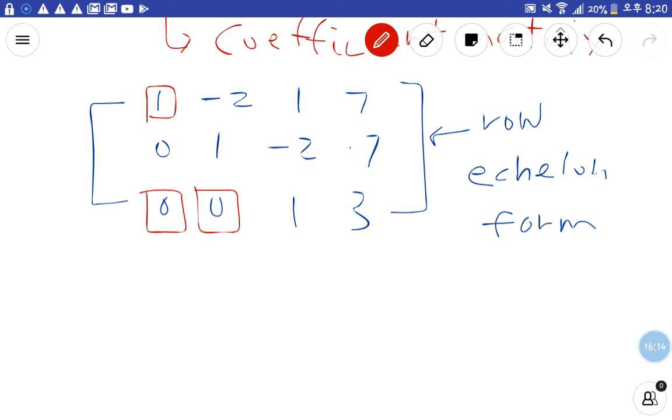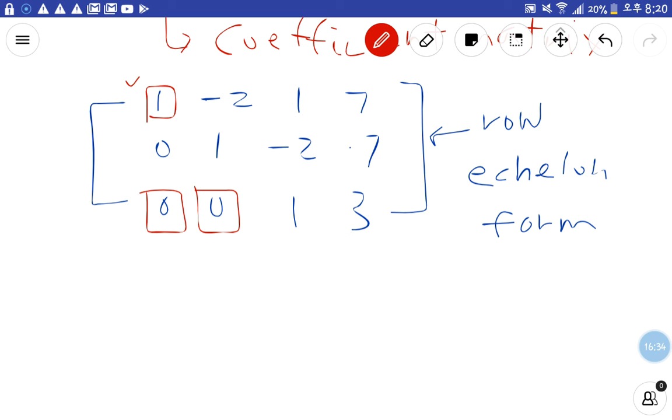And then number three, the column subscript of the leading 1 entries increases as the row subscript increases. You may not understand what that means, right? If you are looking at your first column, this is my first row and first column, starting with the 1.